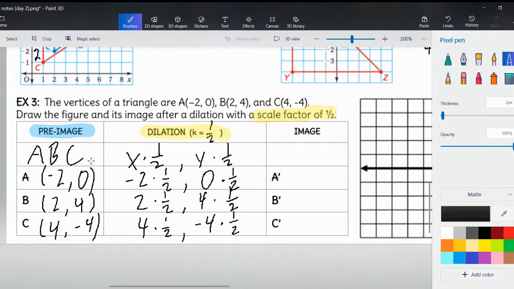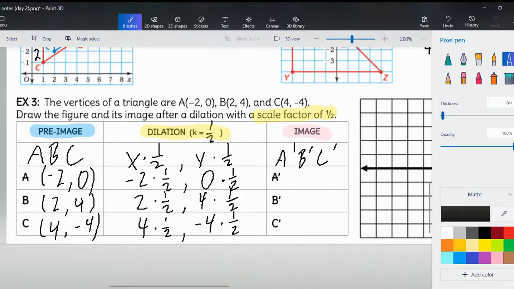All right, so you see that I'm taking the x value from over here, -2, multiplying it by 1/2. Taking the y value, multiplying it by 1/2. And our image is just going to be A prime, B prime, C prime.